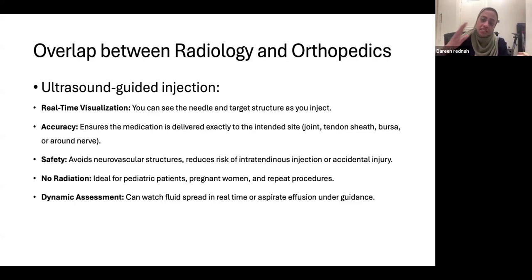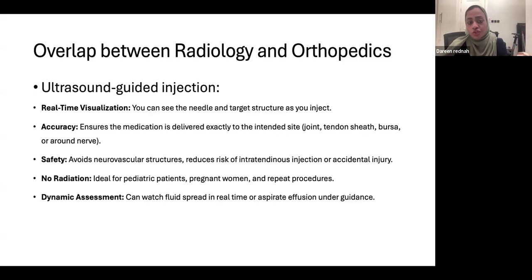Like if we want it to be in the tendon sheath, in the bursa, around the nerve, we see it. It's different from blind, where we go into the joint or the tendon and we try to move the tendon to check it is targeted, like in trigger finger. When we have ultrasound, it will be more accurate.